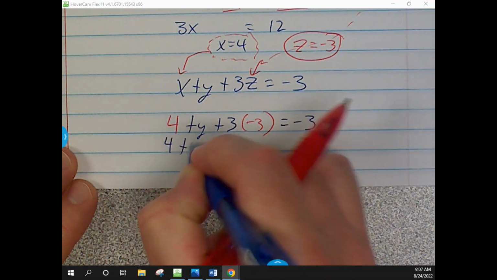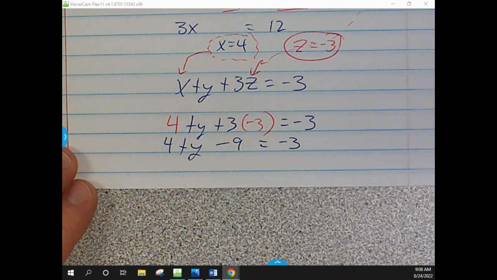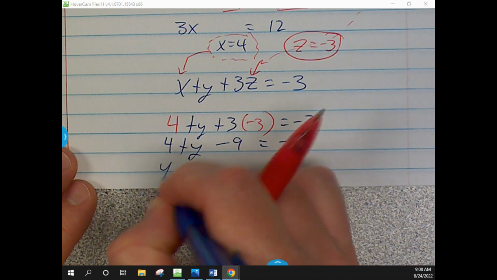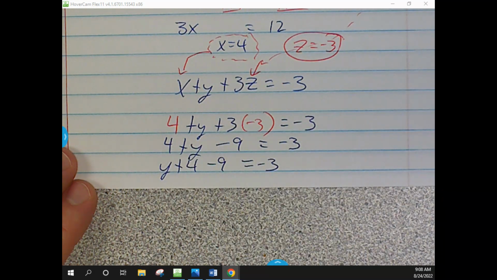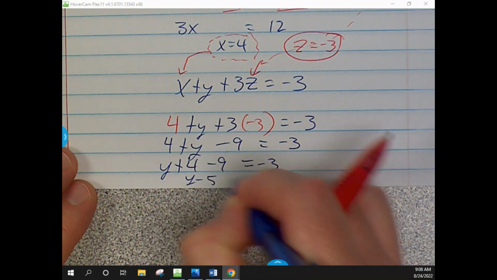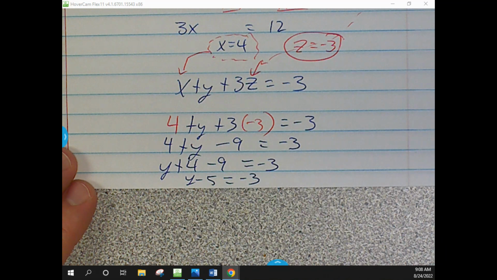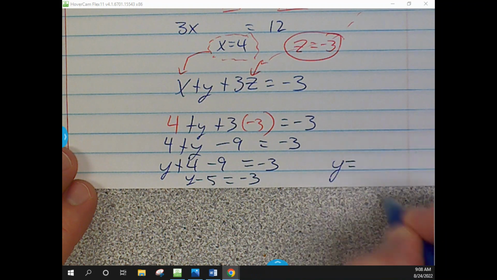So that's 4 plus y minus 9 equals -3. If you rearrange these and make it y plus 4 minus 9 equals -3, you've got 4 minus 9, so that's y minus 5. And then, running out of room here, if we add 5 to both sides in this case, we get that y would equal 2.